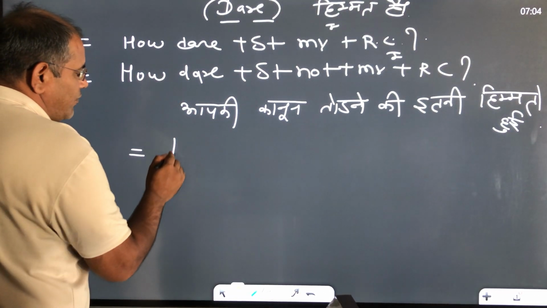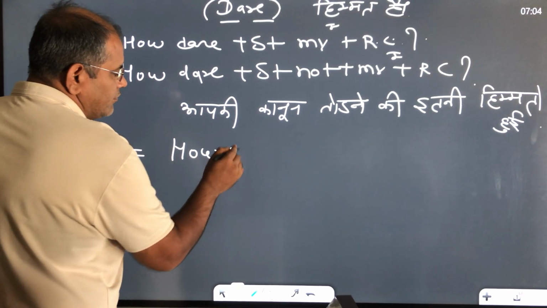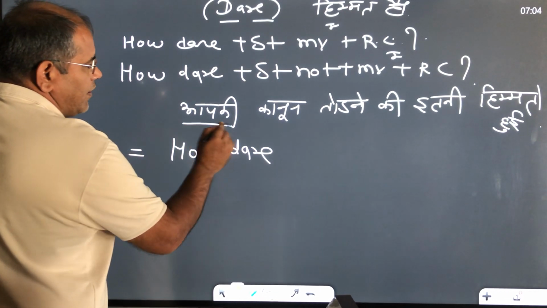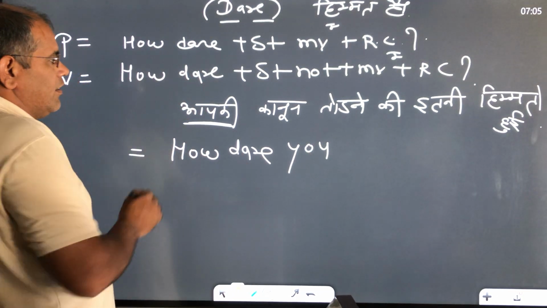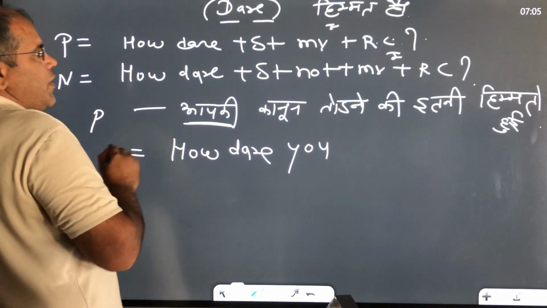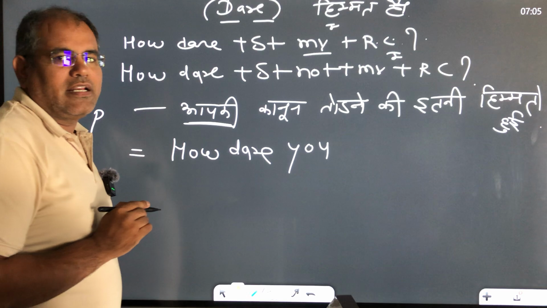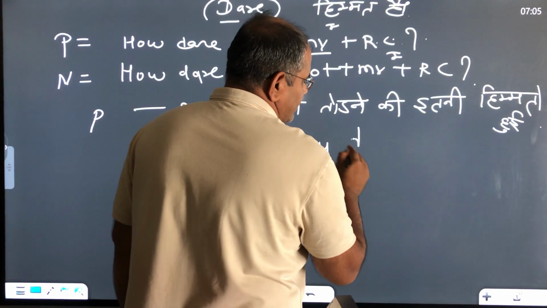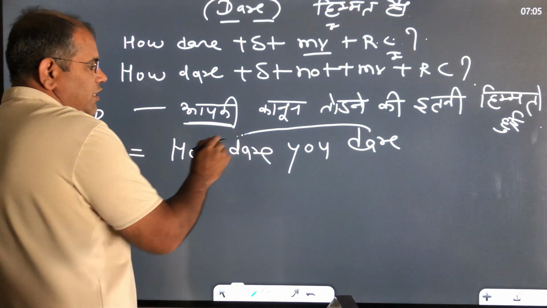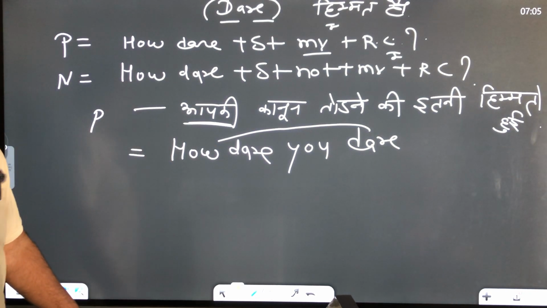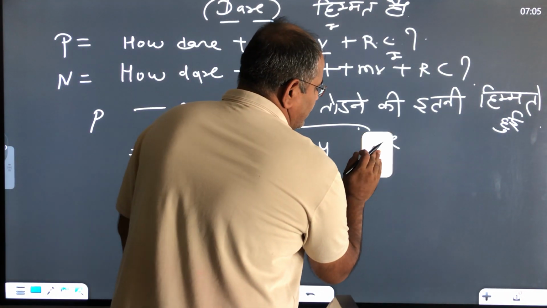At the first we have to start with "how dare", then "aapki" means you, how dare you. This is the positive sentence, so we have to use MB's first form. Is that clear? It means dare, but we are already using dare here, so we will not use dare again.